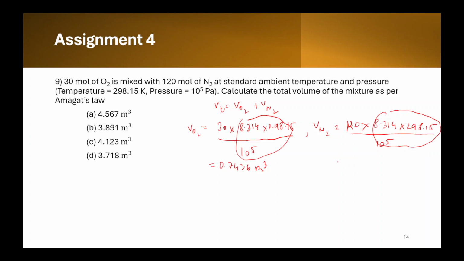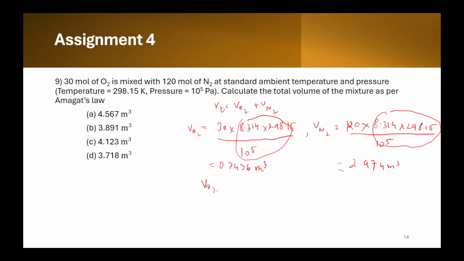And VN2 is 120 into 8.314 into 298.15 divided by 10 to power 5, which is 2.974 meter cube.